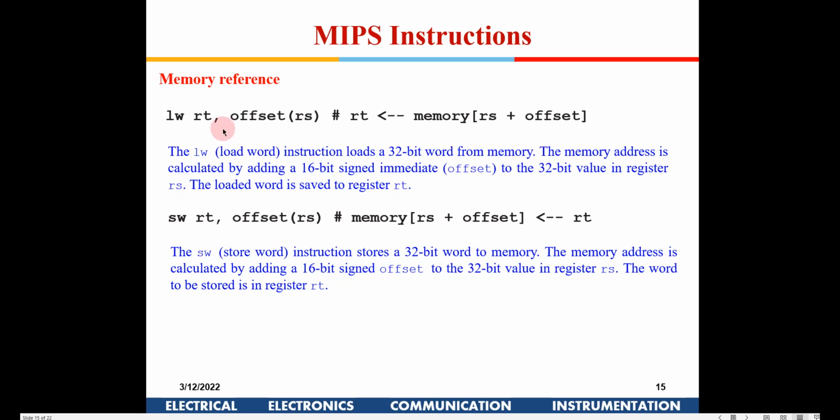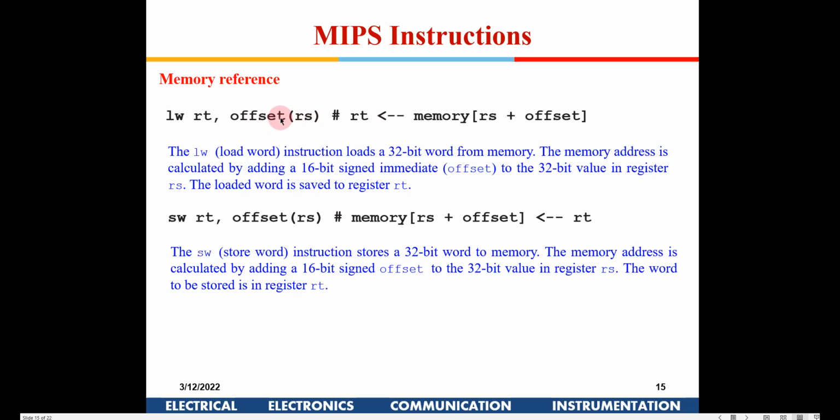And then you have some memory reference instructions, that is load into the register. This is how the syntax goes: load RT, offset RS. RS is a register, and offset is a value which you give.